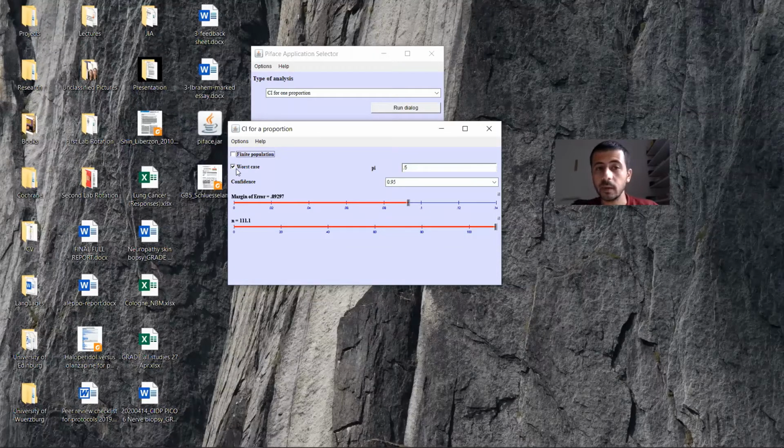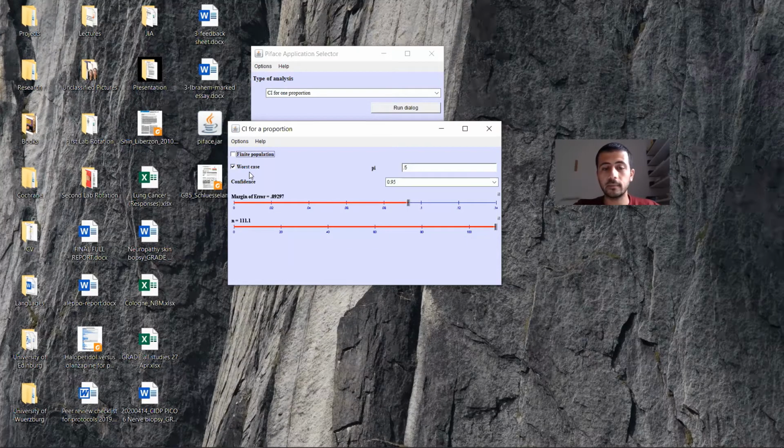And what is the worst case for a proportion? If I tell you I have a proportion of 90% and another proportion of 50%, which one do you think is the worst? The 50. But why?